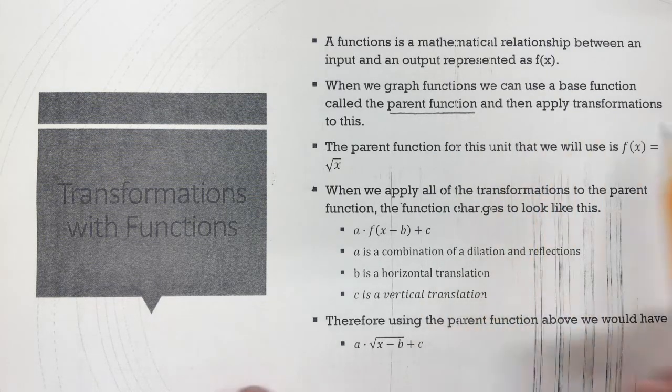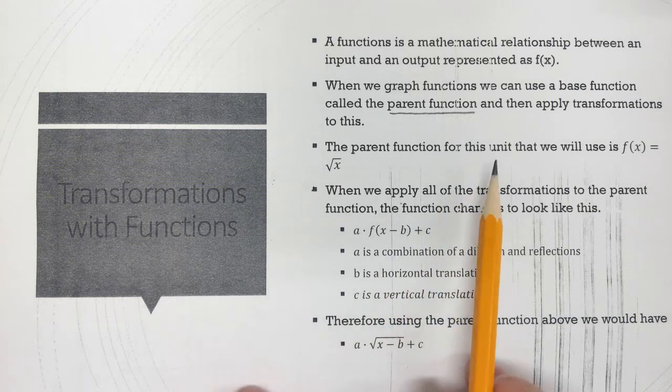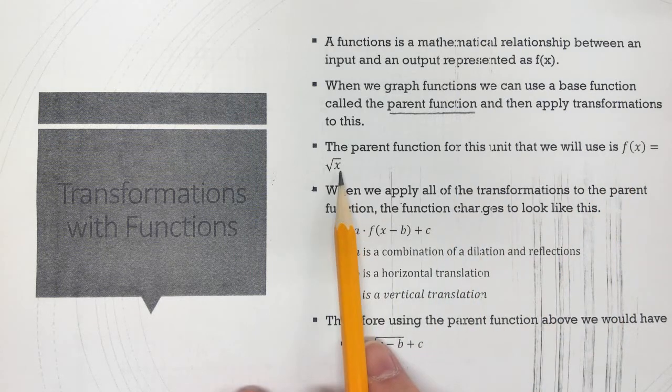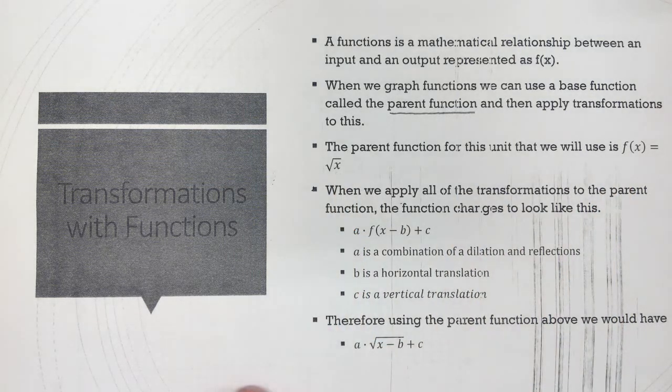And then what happens is we apply transformations to this. I don't know how much you remember of transformations in geometry, but that's basically what we're doing here. The parent function for this unit that we will use is, of course, the square root of x. We've been talking about simplifying radicals and doing all sorts of stuff like that this unit.